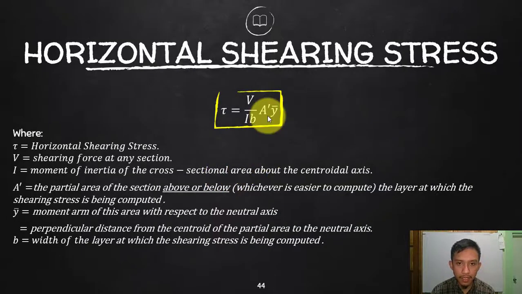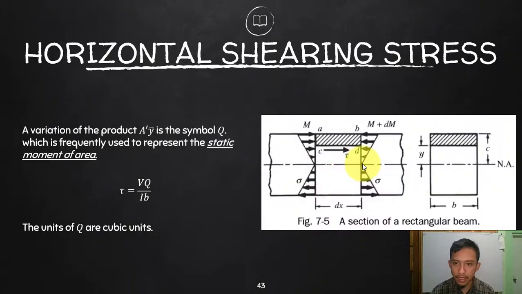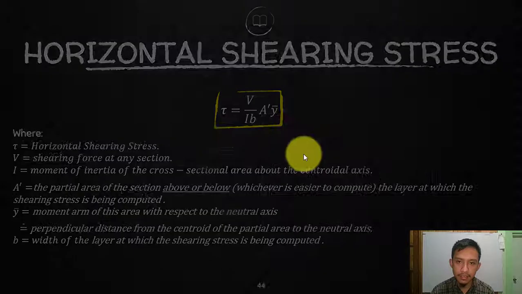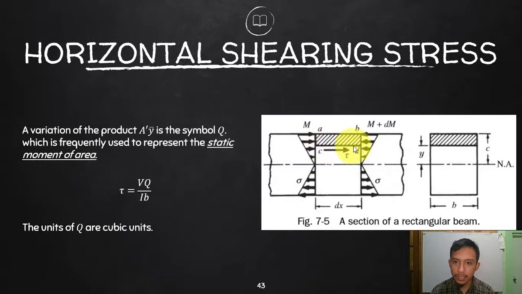So in your formula, look at this. Your y bar is actually the distance from the neutral axis. If you want to consider this area, the y bar of that is different from if you consider the entire area on top of the neutral axis. So your y bar is actually the variable that affects the shearing stress. If you want to consider this area, this is where the shearing stress is experienced.